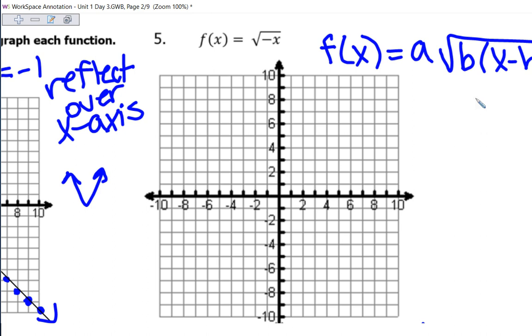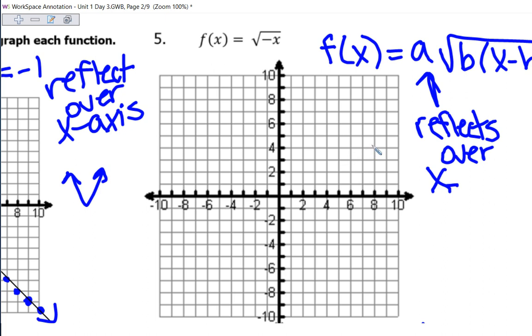Now for problem number 4, when the a value is negative, it reflects over what? The x-axis. Now if it's the b value that's negative, then that means it will reflect over the y-axis.